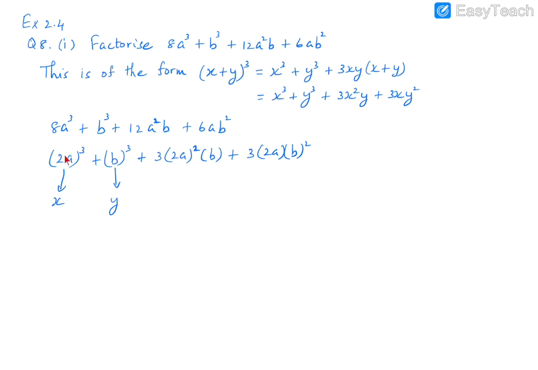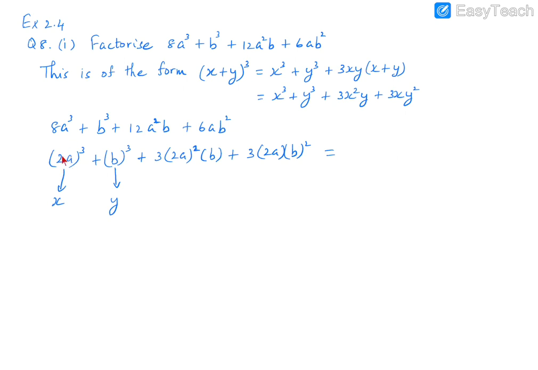So this is x cube, which is 2a cube, y cube, which is b cube, 3x squared y, which is 3 into 2a squared into b, plus 3 into xy squared, so x is 2a and y is b squared. Okay, so that corresponds to x plus y the whole cube.